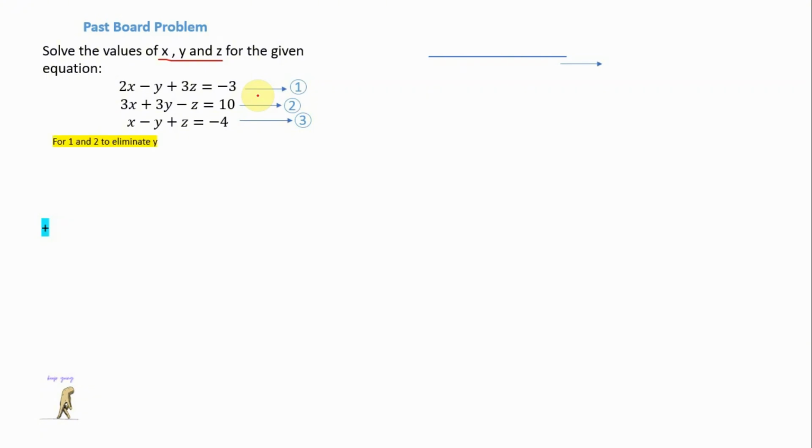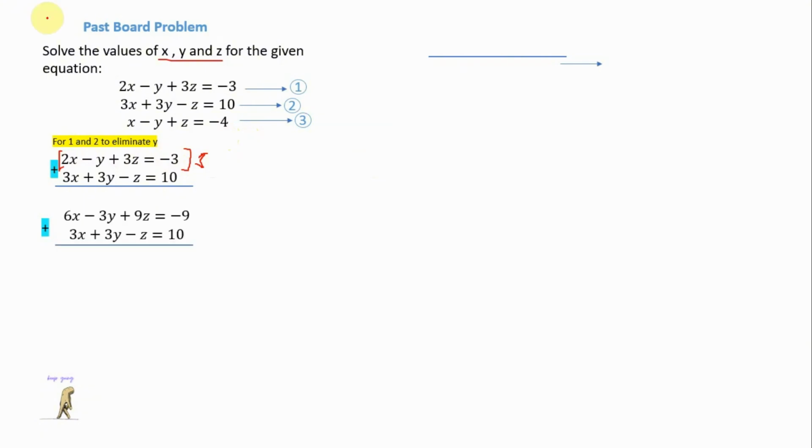As we can see, we can use our equation 1 and equation 2 in order for us to eliminate the variable y, okay? But in order for us to eliminate that, we need to multiply this equation 1 by 3.